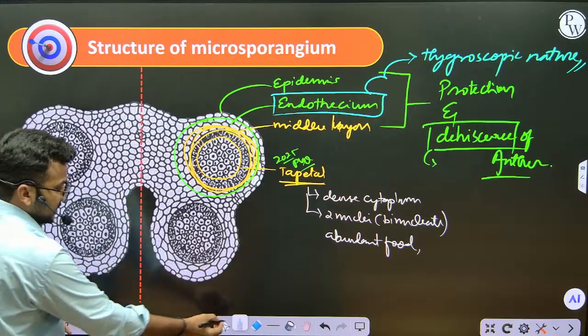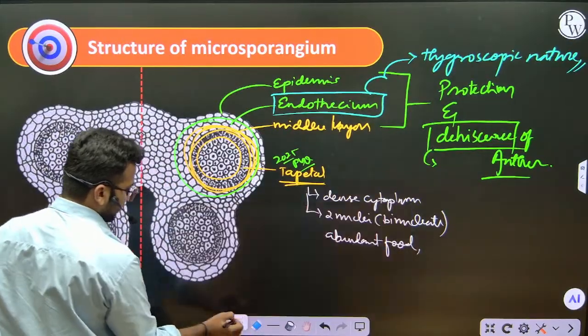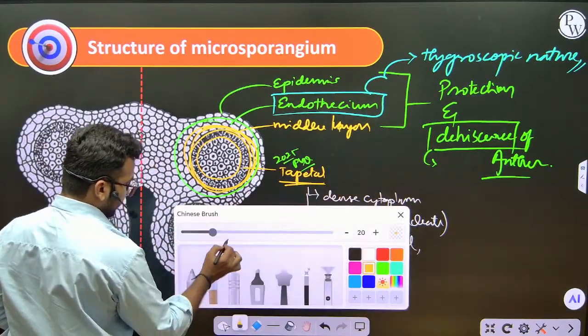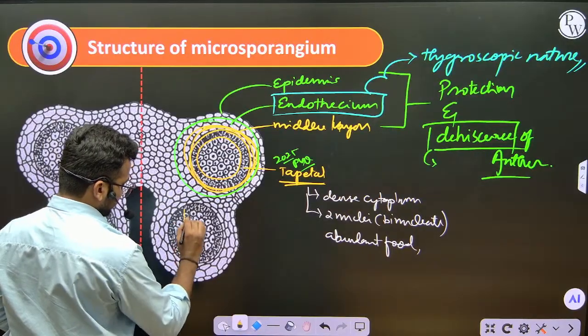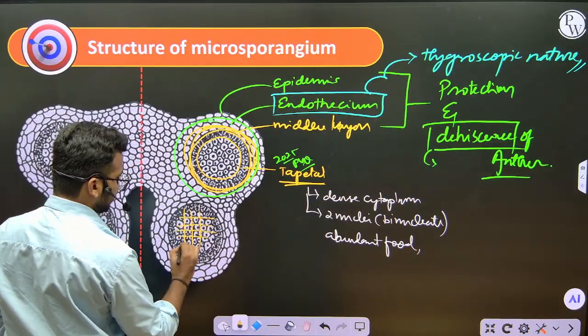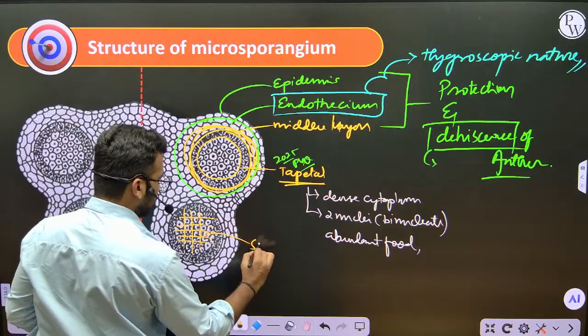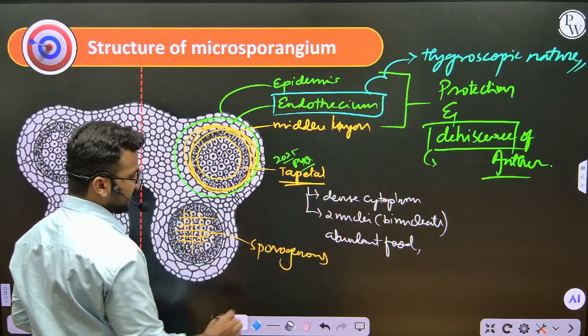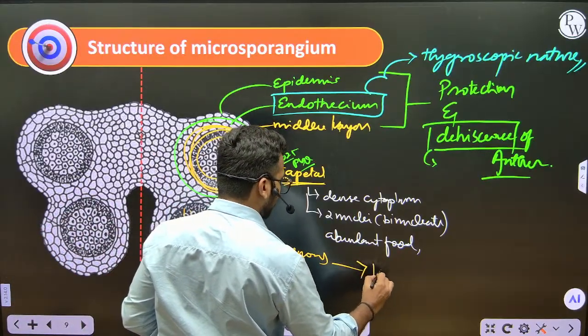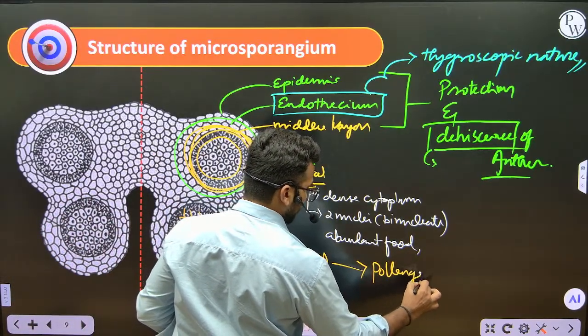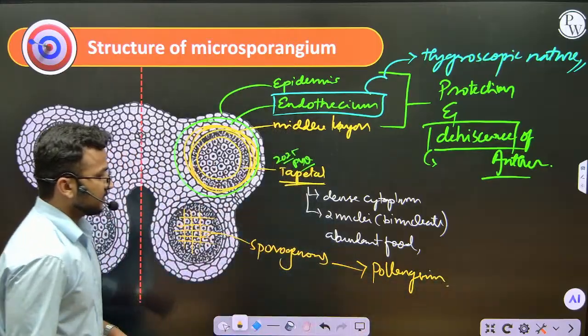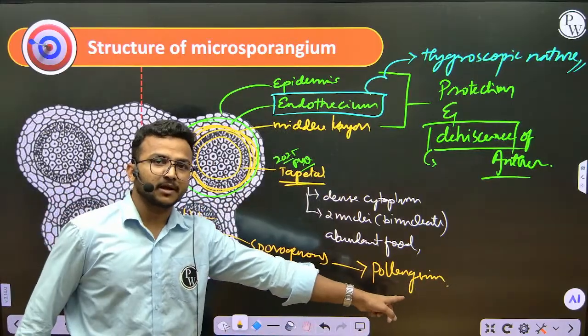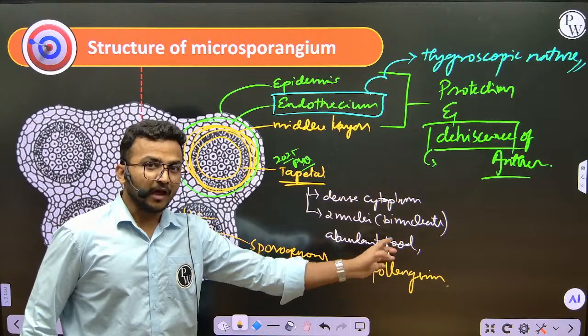This sporogenous tissue inside, what you are seeing, is sporogenous tissue. As I said in the last class, this sporogenous tissue is going to become pollen grains after maturation.